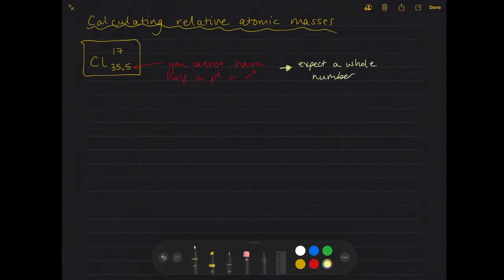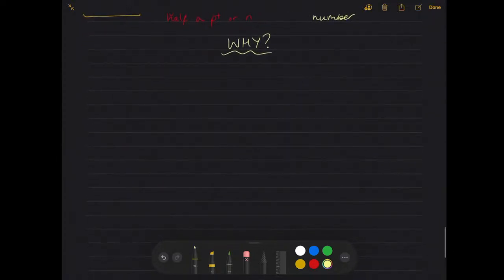The question is why? Why do we have decimals in the periodic table? The answer is isotopes. And I'll run through the example with you of chlorine, and you'll see what I mean. Chlorine has 2 isotopes. The 2 isotopes are chlorine 35 and chlorine 37.